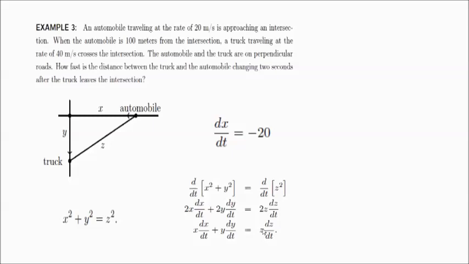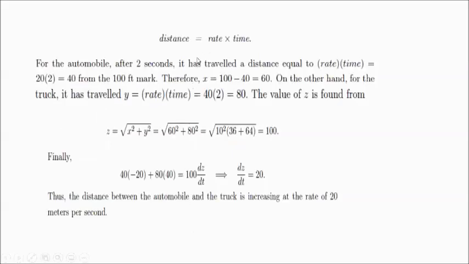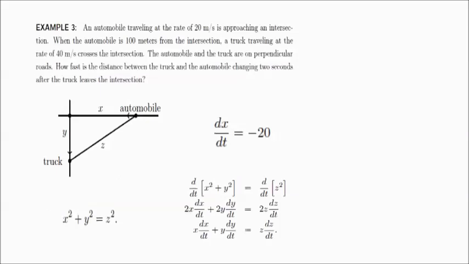Diba? So, paano natin siya makuha? Remember yung formula about distance. Distance is equal to rate multiplied by time. Okay? So, meron tayong given na time which is 2 seconds, class. So, after 2 seconds, lumagpas na yung truck.